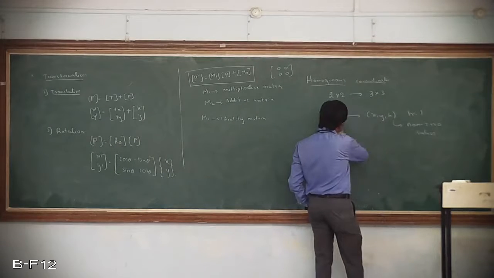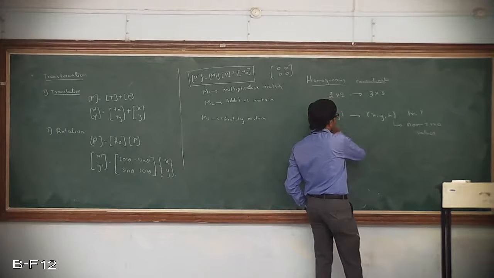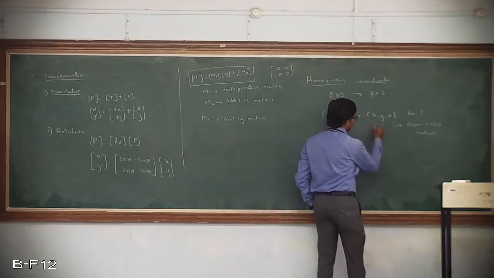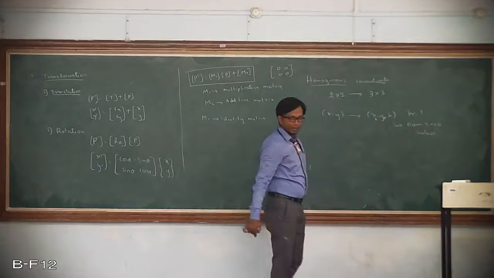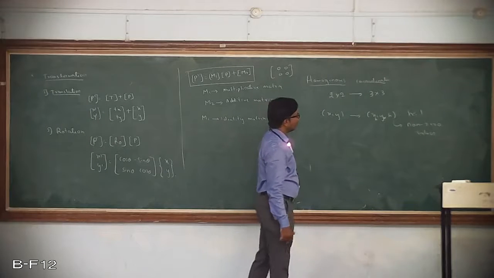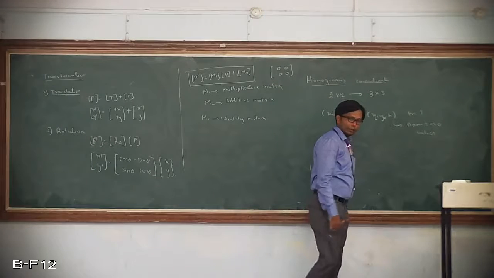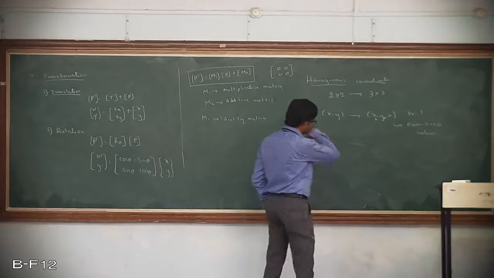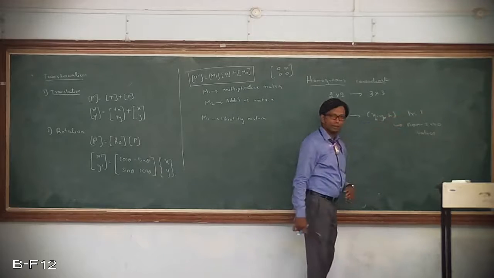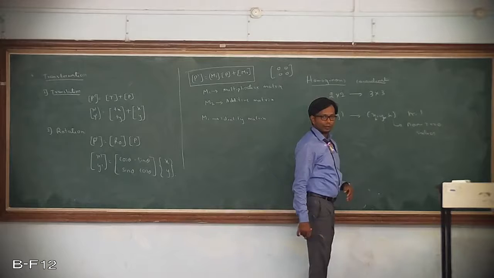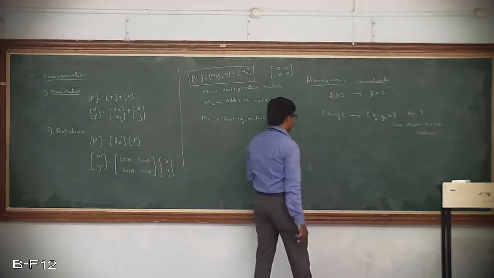So when I convert this 2 by 2 original matrix to a homogeneous matrix, this becomes xh, yh, comma h. So these are the values which we will be using here. Always we will be using this 1 as a homogeneous parameter.